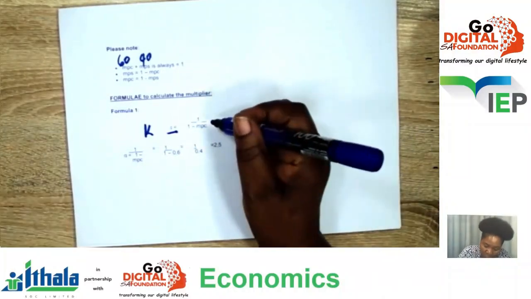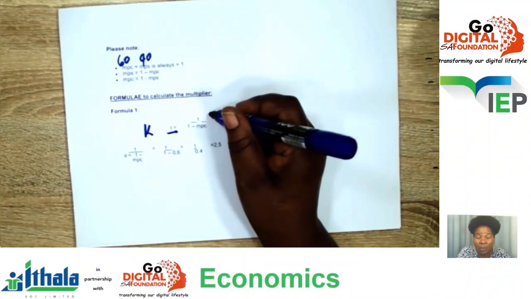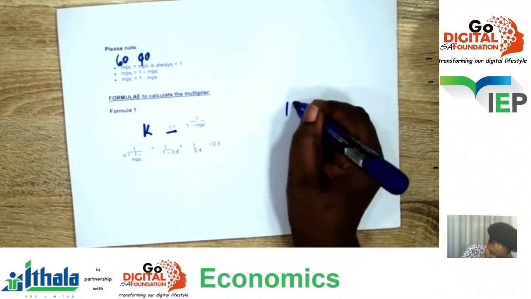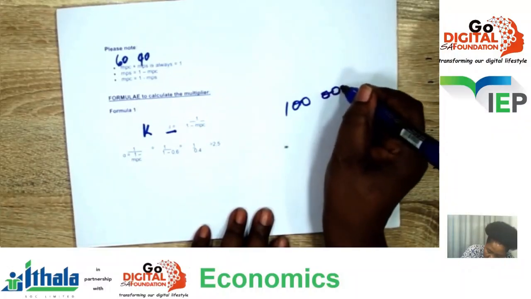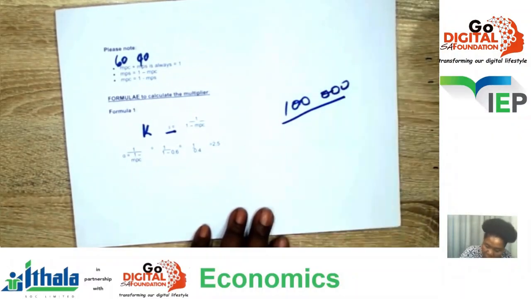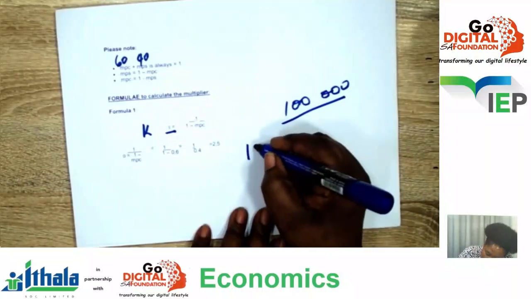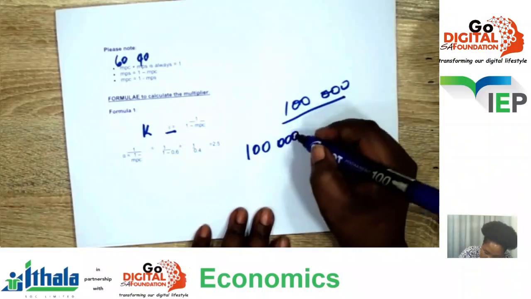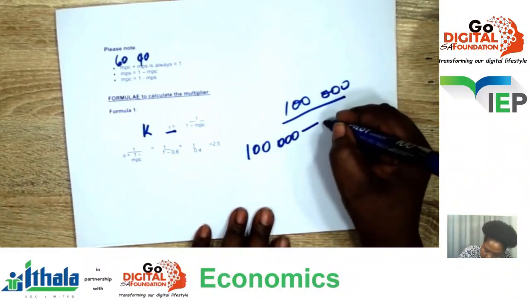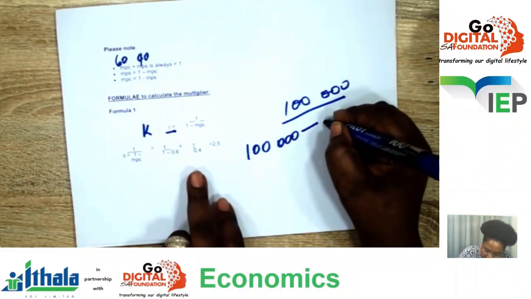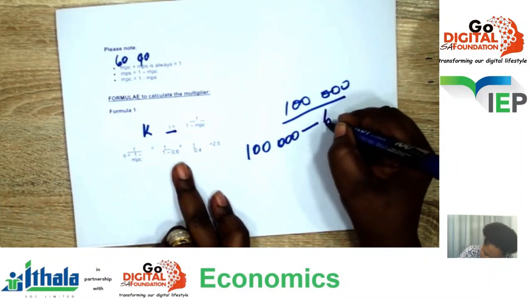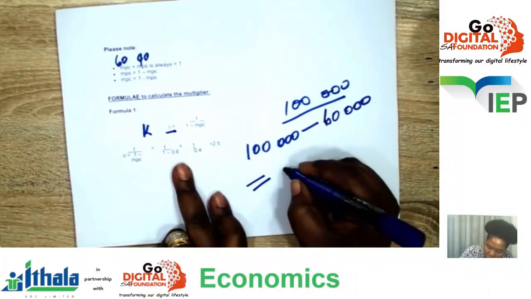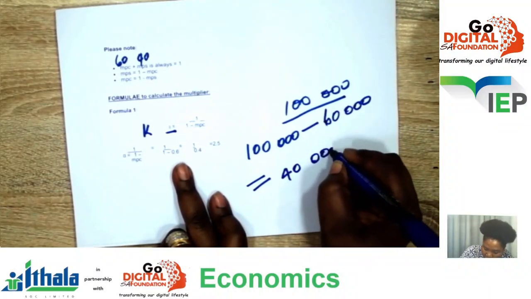So this is your formula, your initial amount. If it was 100,000, this is my 100,000, 1, divided by the same 100,000, which is now my MPC. My MPC will be, I said, 0.6, which is 60,000 in this case, which means I'm left with 40,000.